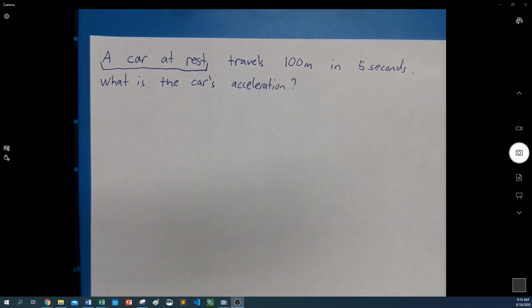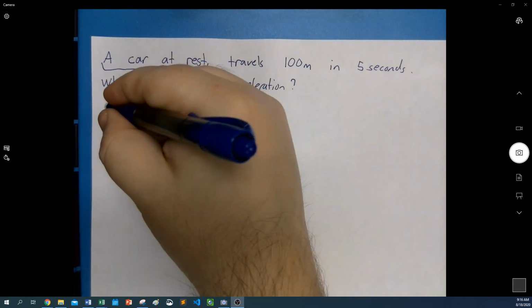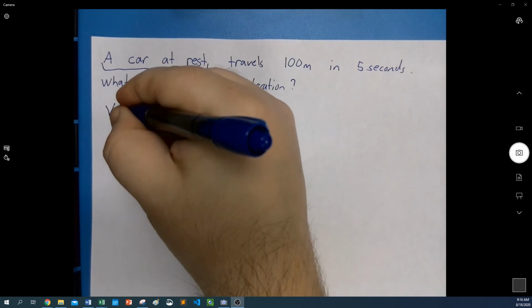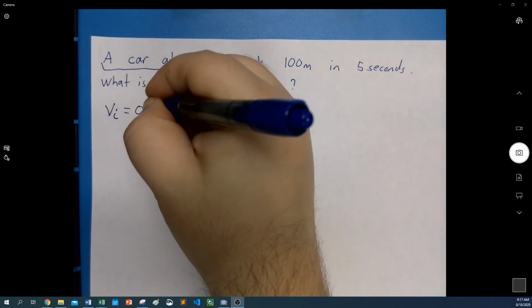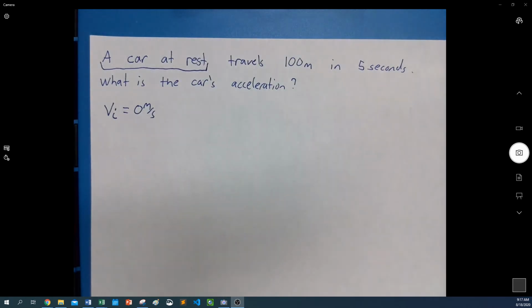It's not moving. Which variable does that correspond to? Initial velocity. So your initial speed or initial velocity is 0 meters per second because this is the start of the problem.